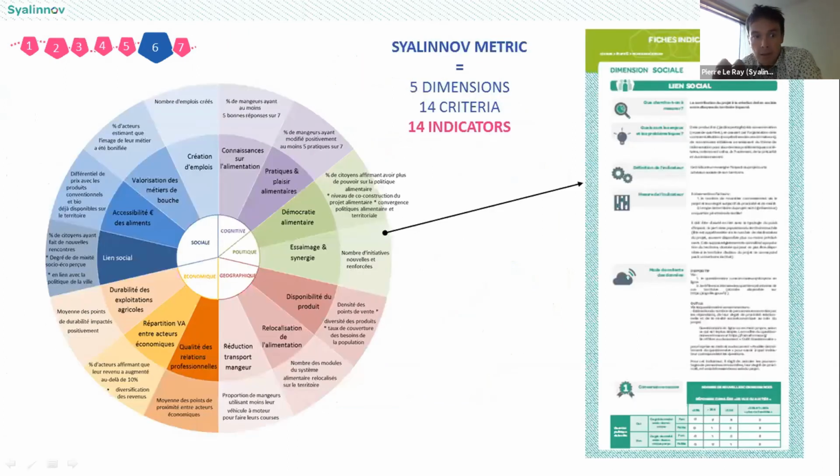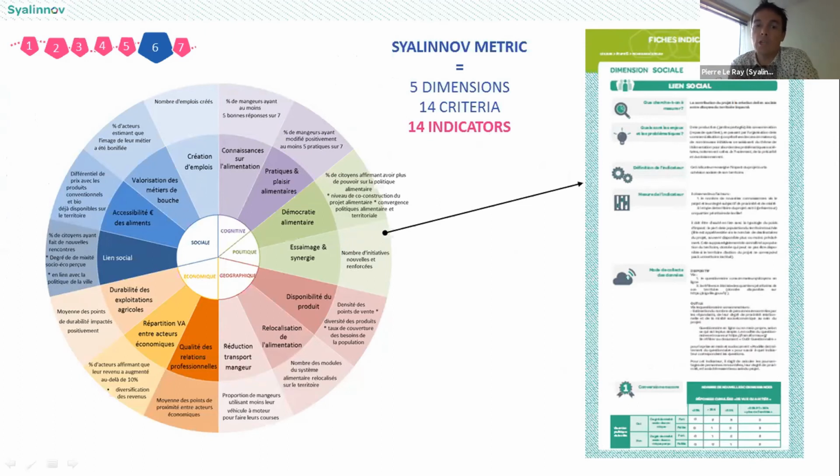So basically, in the Syalinnov metric, we have these 5 dimensions of proximity and 14 criteria, and each of these criteria is signified by one indicator. So we have 14 indicators.